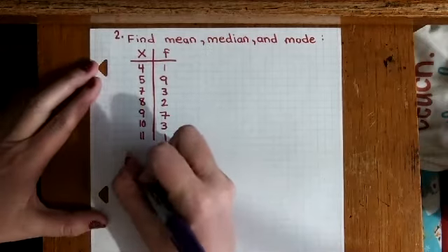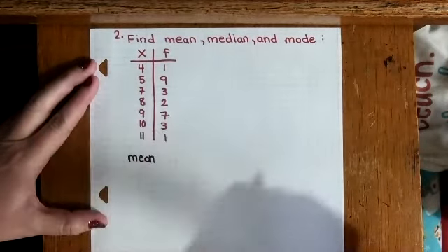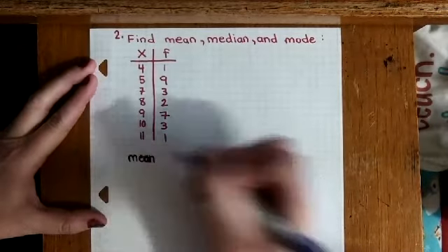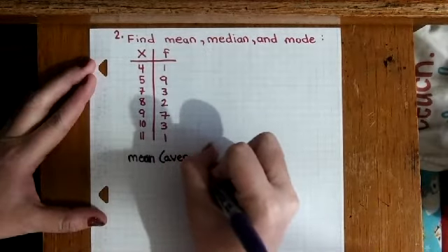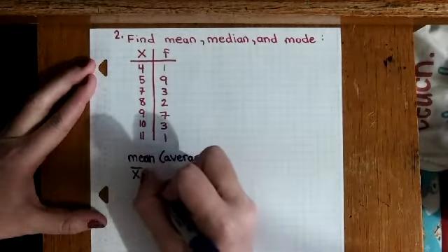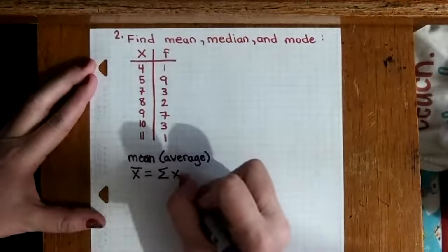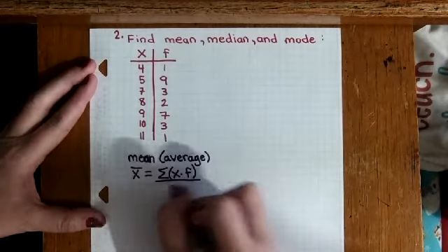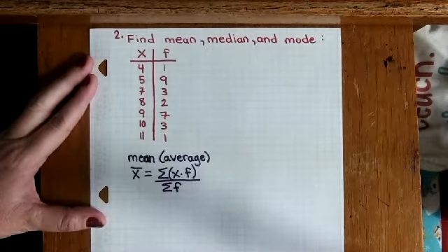When we are looking for the mean, which is the average, the numerical average, x bar, here will be the sum of each x times its frequency divided by the sum of the frequencies.